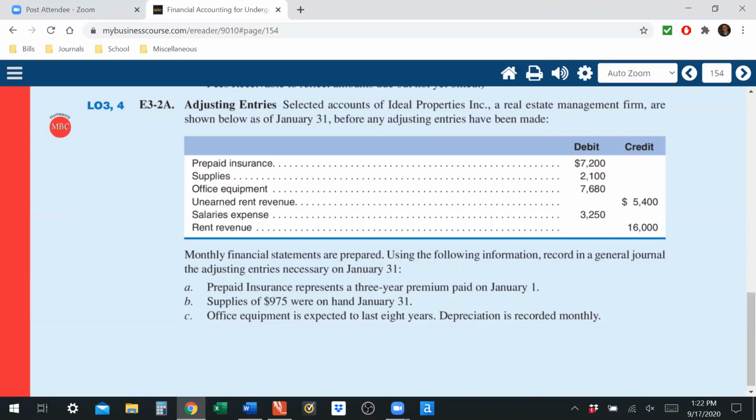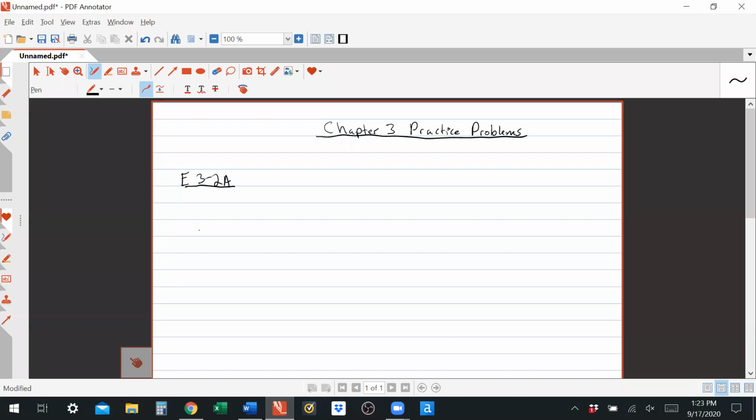So let's take part A, prepaid insurance, which has a debit balance of $7,200 at the end of January before adjustment. That represents a 3-year premium that we paid on January 1st. So for part A, I would make a T account.